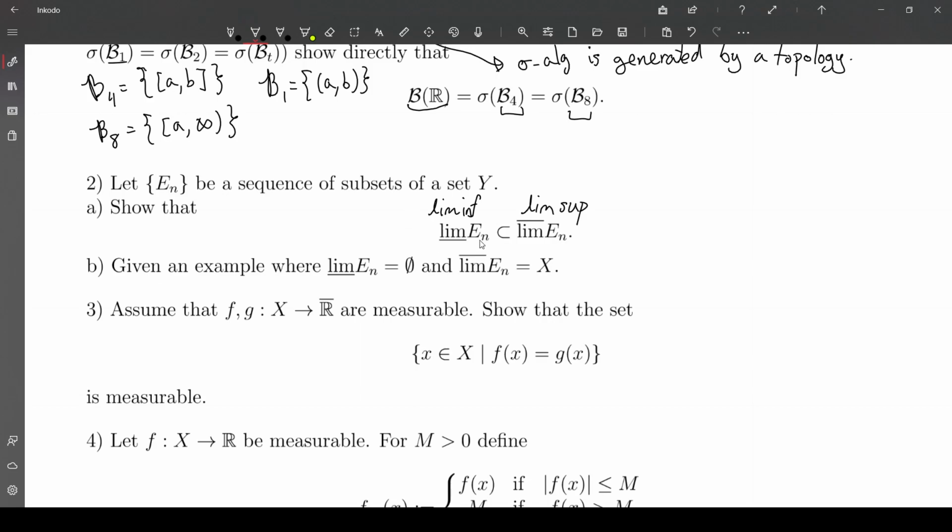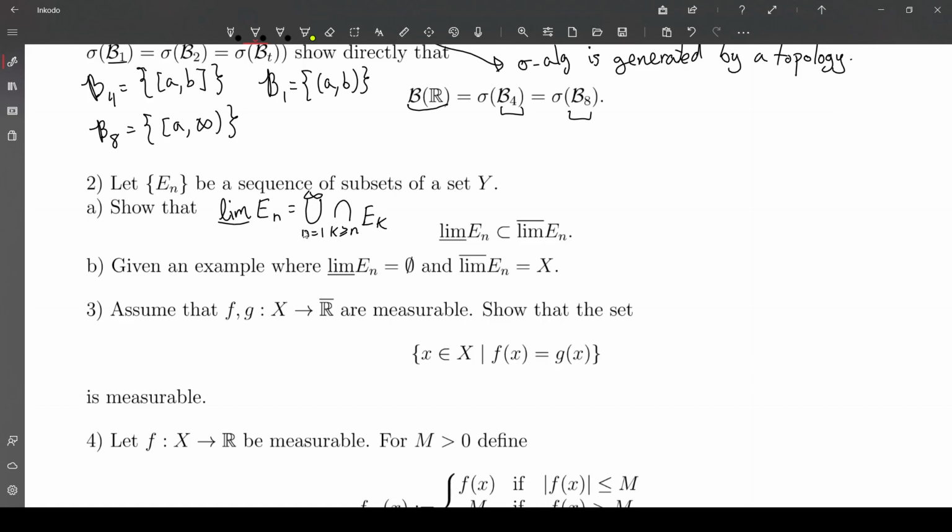But here we're dealing with sequences of sets, which work in an interesting way. So the way these are defined, the lim inf of E sub n is, I think, the union, as n goes from 1 to infinity, of the intersection over k greater than or equal to n of E sub k.